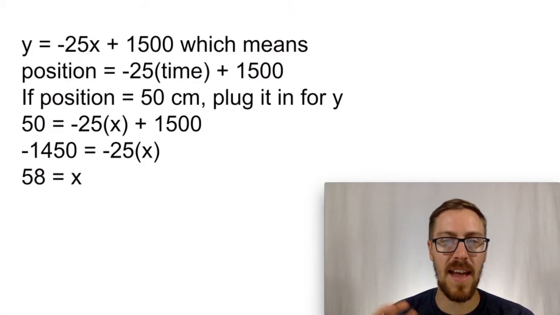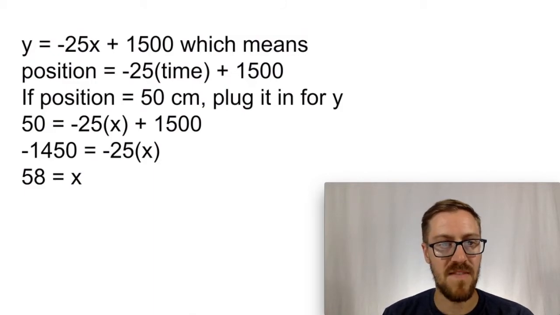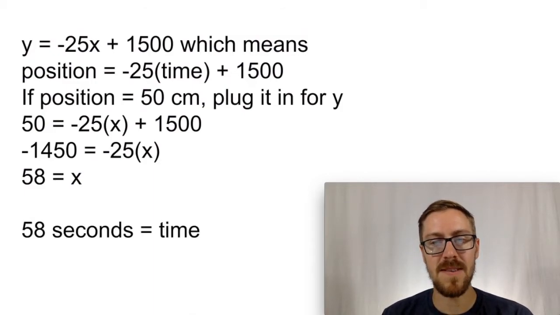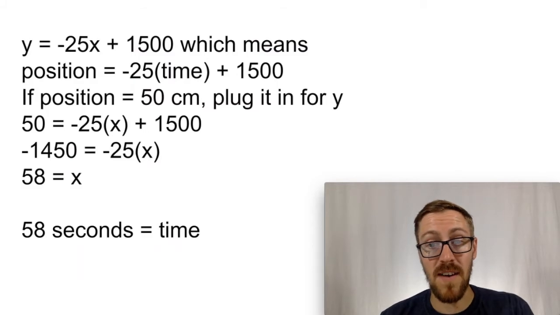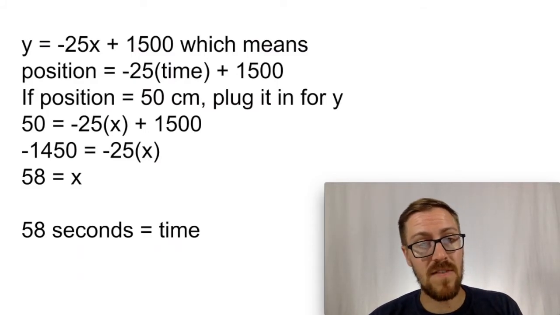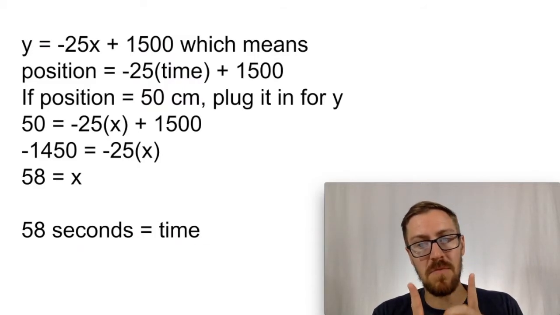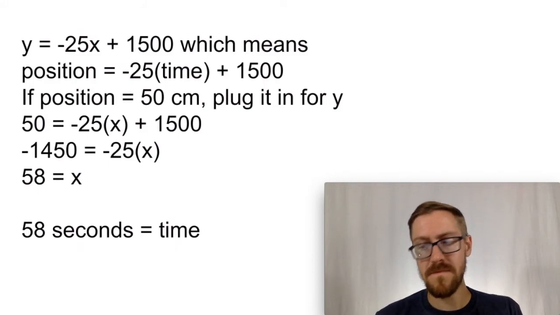And I get 58 equals x. Need a unit? 58 seconds equals time. So if I give you information for the x, you plug it in, grab a calculator. If I give you information for the y, you plug that in for the y, and then you do a little bit of algebra, calculating as you go.